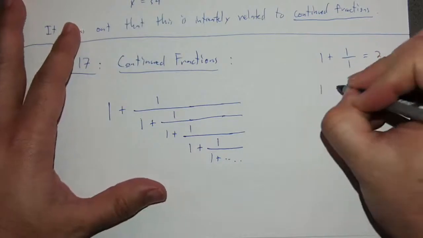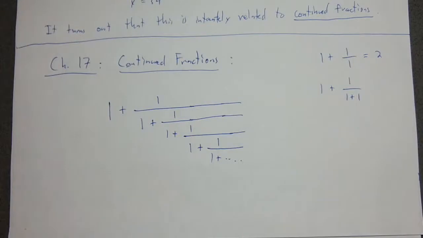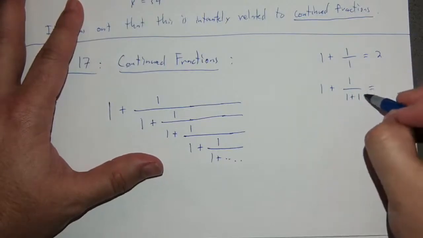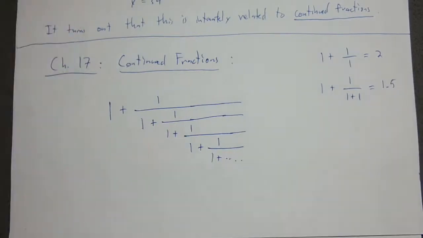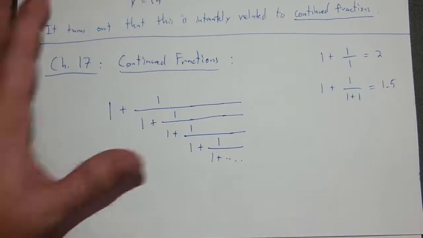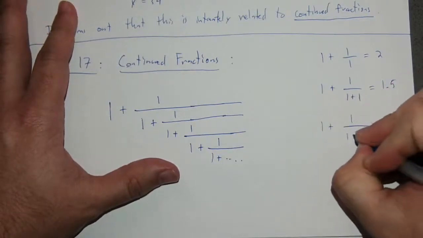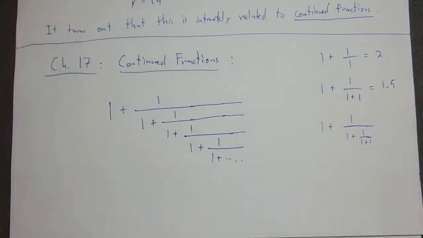So maybe you do something like this. You stop it here. If you stop it here, this is 1 plus 1 over 2. So that's 1 and 1/2, that's 1.5. Maybe you say that's a better approximation, but maybe still not the best. So you continue going, and maybe this is your next thing.